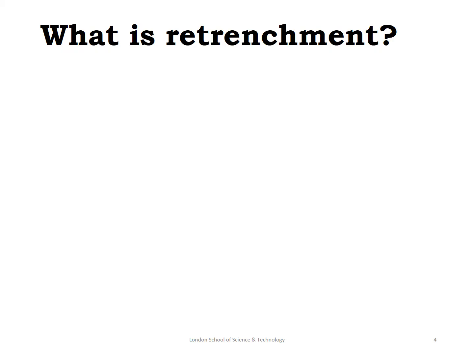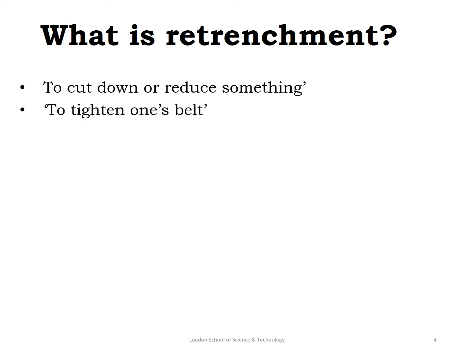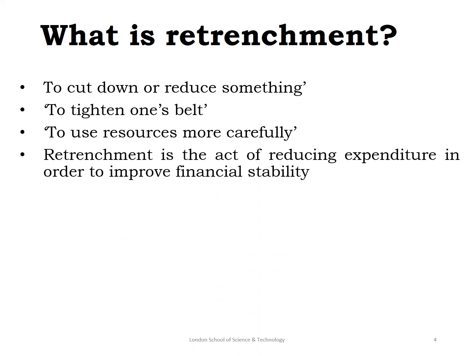So what is retrenchment? Retrenchment is to cut down or reduce something, to tighten one's belt, to use resources more carefully. Retrenchment is the act of reducing expenditure in order to improve financial stability.